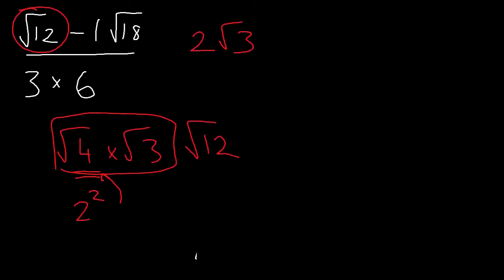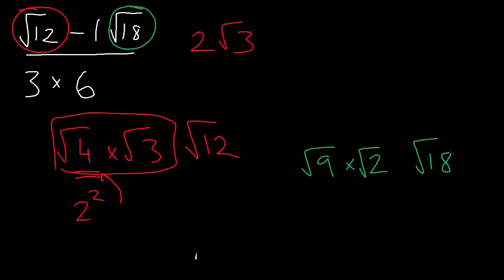And we can probably take out a factor of 9, which is another square number, for this root 18, because I know that root 9 times root 2 is the same thing as root 18. And what's 3 squared? 9. So 9 is a square number representing 3. So I can simply rewrite this root 18 as 3 from the root 9, root 2. So I'm going to head and write that up there.